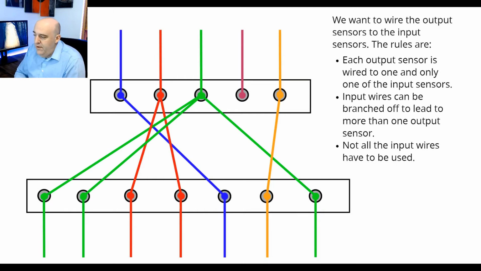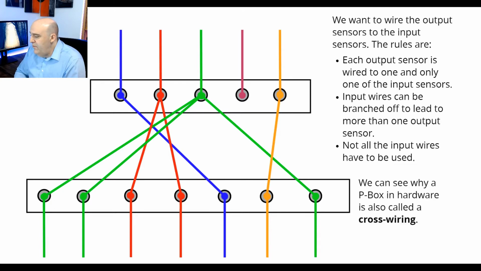And there's a complete wiring up of a P-box in hardware. That's what a P-box looks like in hardware. Notice the purple wire there. It didn't get wired up to any output sensor, and that's okay. So that's allowed. And often a P-box in hardware is called a cross wiring, and you can see why, because we're just wiring one set of input sensors to another set of output sensors.